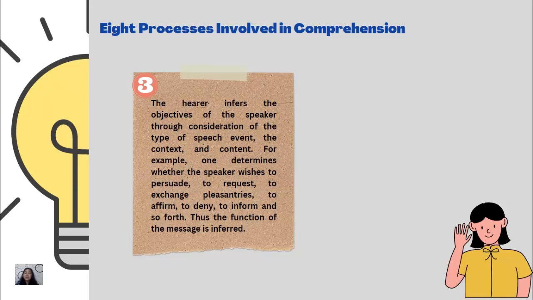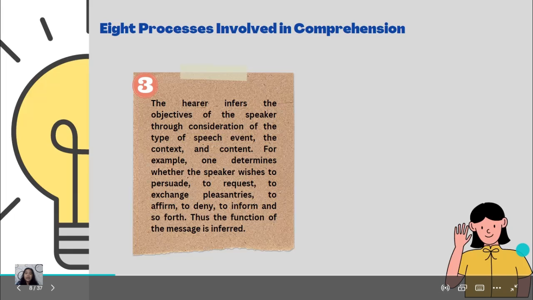Thus, the information of the message at this process is inferred. Meaning, at this third process, the hearer will analyze the intention of the message and the content and context of the speech, whether it is to inform or to request. And at this part, the message will be concluded as to what it was intended for.